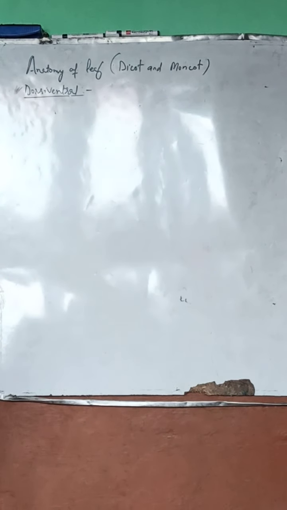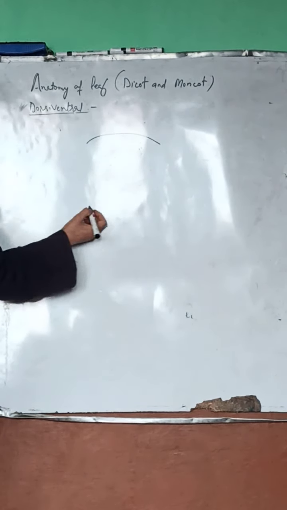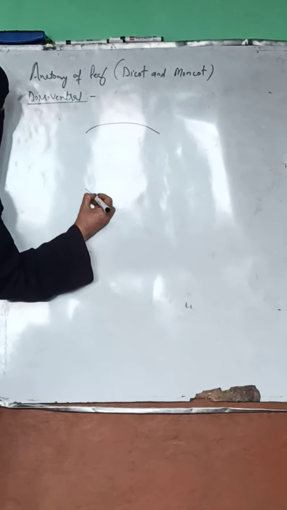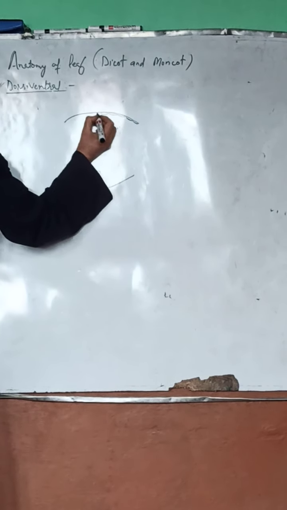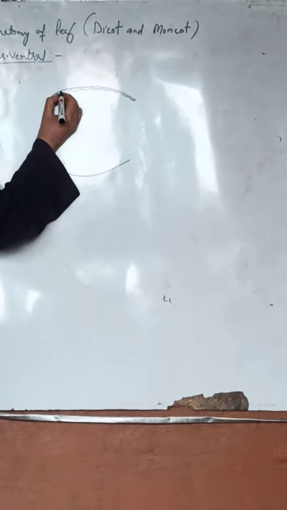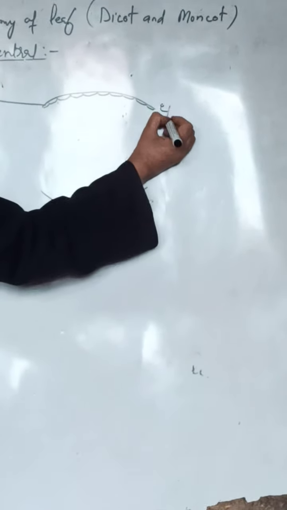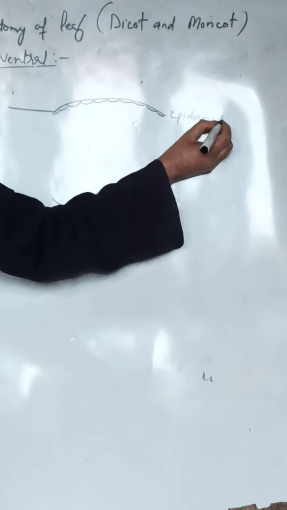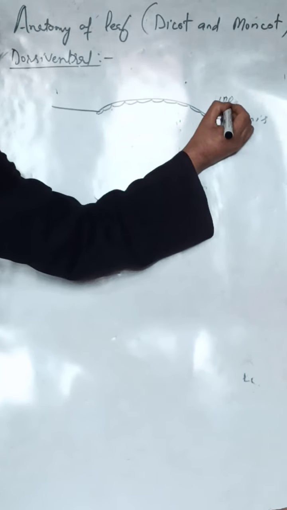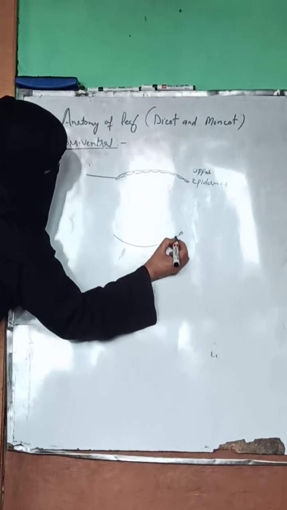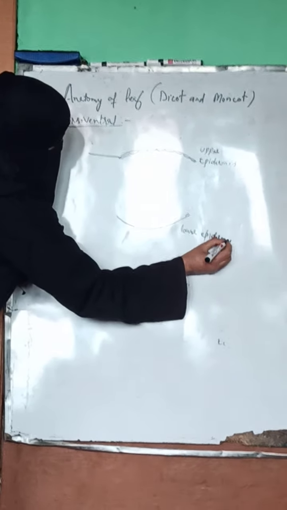First of all, when we draw the structure here, this is epidermis, this is upper epidermis, and this one we call lower epidermis, like this.